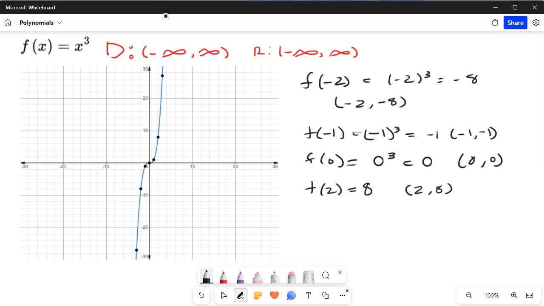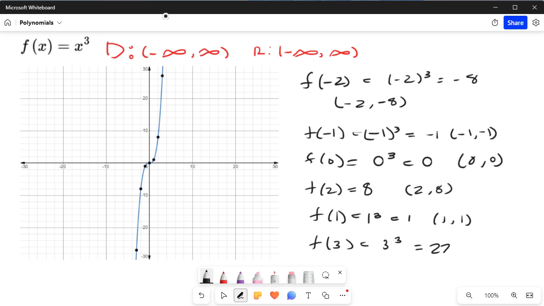You could technically also just say 2 cubed is 8. Similarly, I skipped f of 1, which is 1 cubed, just 1, so that's (1, 1). If you want to find f of 3, that's 3 to the third, which is 27.